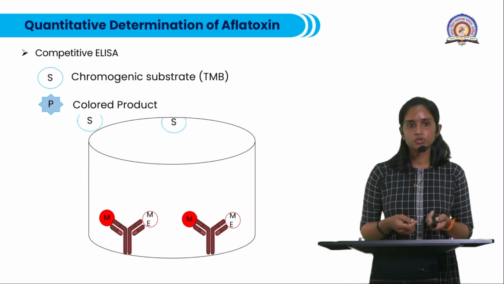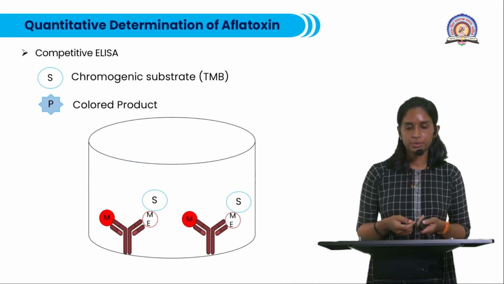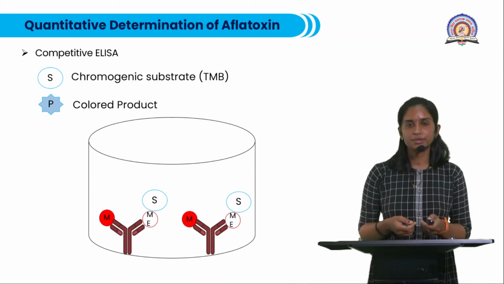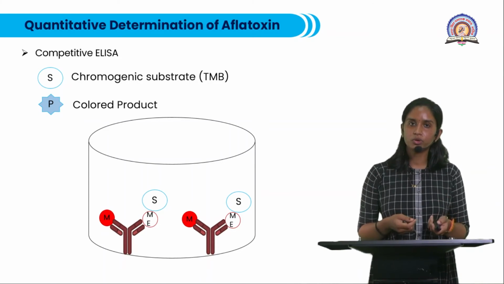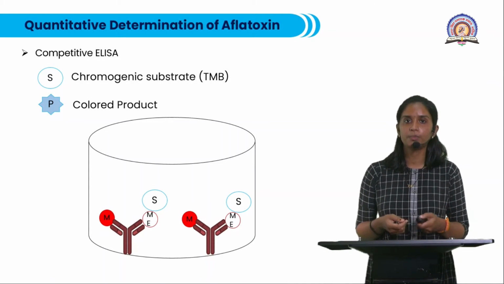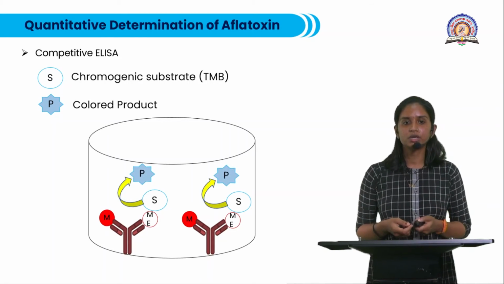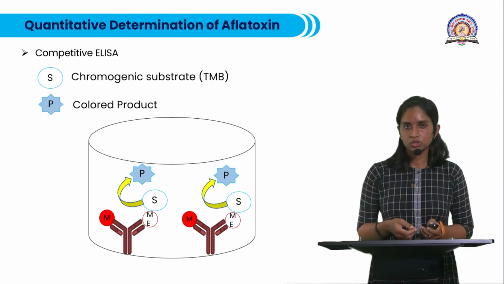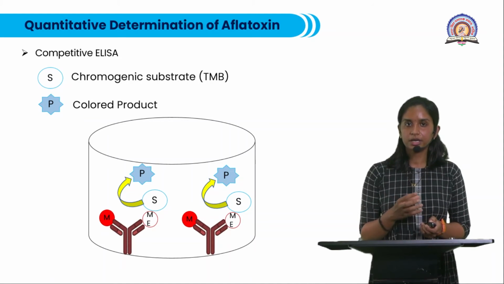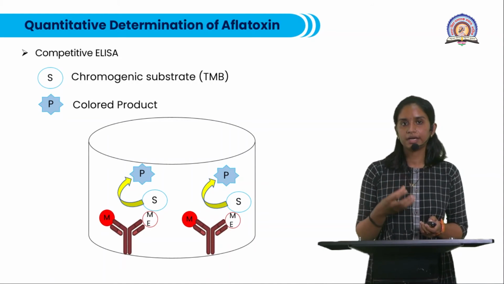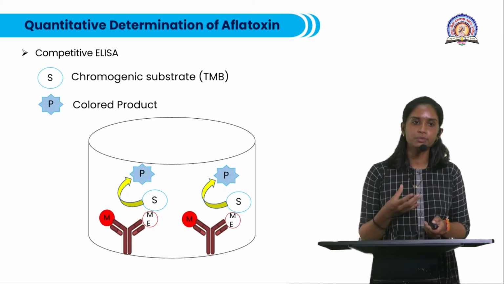If the enzyme is present, that is, if the mycotoxin enzyme conjugate has bound to the antibody, then only will this substrate be converted into product. This can be detected by visualizing the blue color that has developed in your microtiter plate.